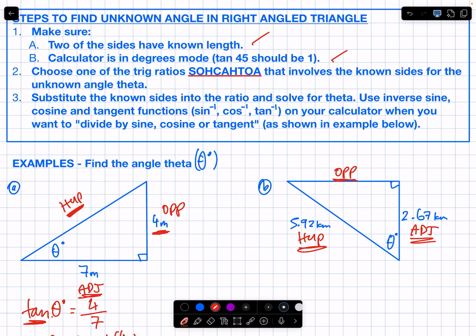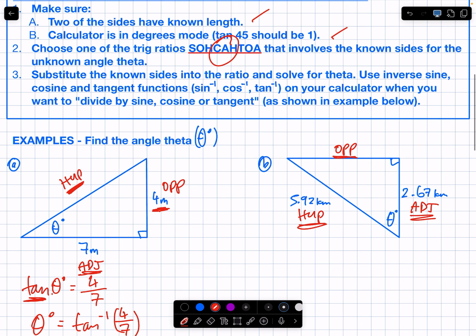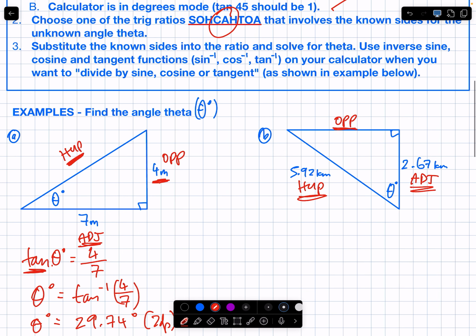Cos, good. So even though you weren't here, you still have some understanding of that. I'm legit proud. So we're using cos theta equals adjacent, which is 2.67, over hypotenuse, which was 5.92.